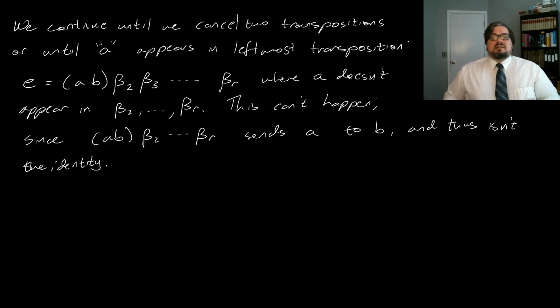So that means that as we go through this process of looking at the rightmost position where A appears and then replacing things to move A back and back and back, at some point we have to have canceled rather than actually moved A back, because otherwise we would get to this position with some transposition involving A being the leftmost transposition, which doesn't work.